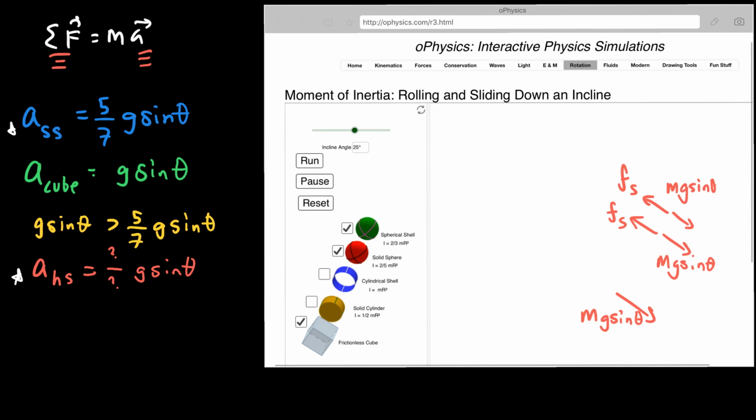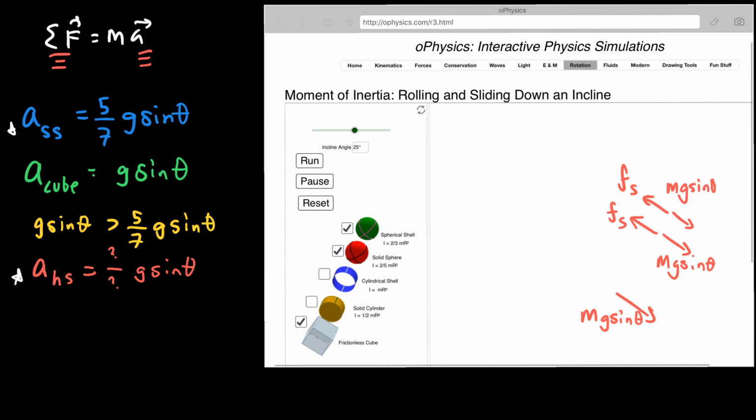And so you could make an argument that the hollow sphere has a larger moment of inertia because of its mass distribution, and because of that larger moment of inertia, it's going to be more difficult for it to rotate, and if it's more difficult for it to rotate, then it's going to have a smaller acceleration going down that inclined plane.